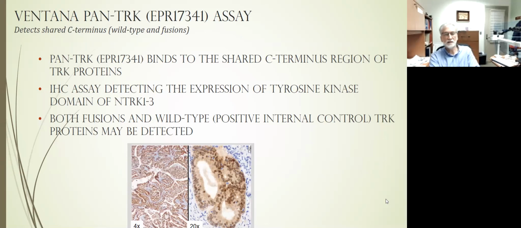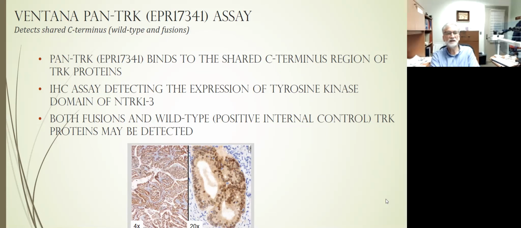For that matter, Ventana has provided a commercial assay that is able to detect TRK fusion proteins, as well as the wild type protein, because the antibody that is being used and the epitope is present in the conserved region of the molecule that is present in either normal wild type protein or in fused proteins.